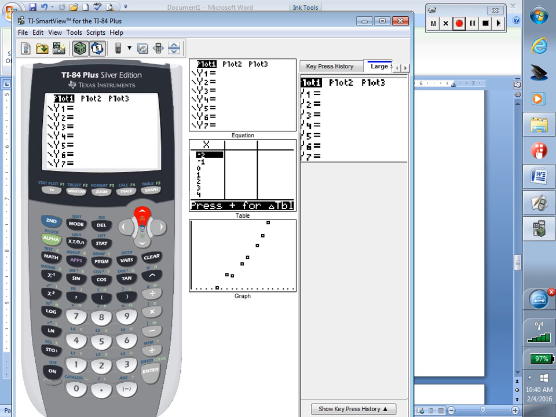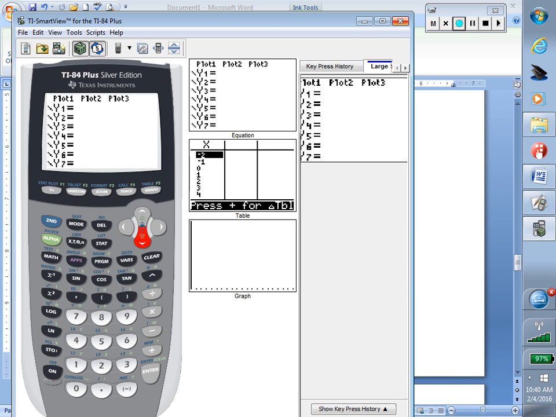If they are, just use the up arrow to put your cursor on the highlighted one, like mine is, and press enter, and it will unhighlight that plot for you. So does anybody's screen not look like mine right now?